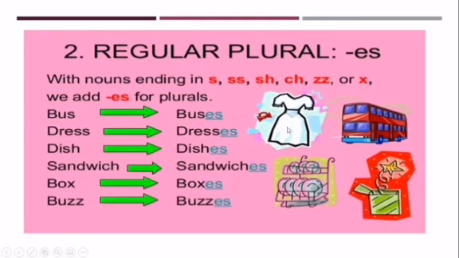One dress, we say two dresses. One dish, two dishes. One sandwich, two sandwiches. One box, two boxes. Okay? So if we have nouns ending in those, we need to make the plural adding ES instead of adding just one S.